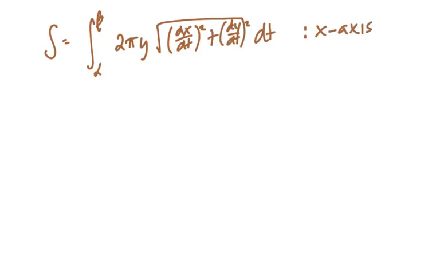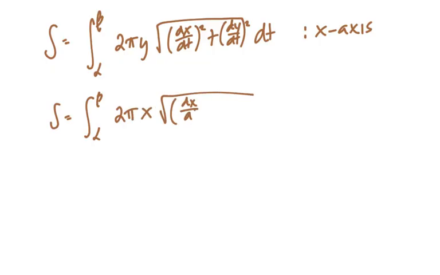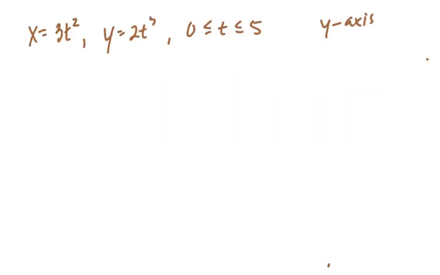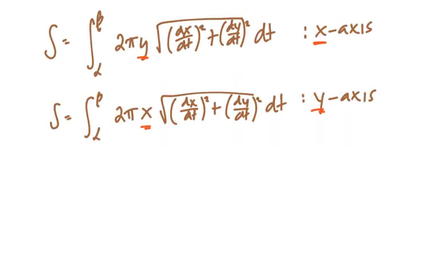The difference to go around the y-axis is S equals the integration from alpha to beta of 2 pi x times the square root of dx over dt, quantity squared, plus dy over dt, quantity squared, dt. So whichever axis we're going around, the other letter is the one in the formula. The x-axis has the y in the formula, and the y-axis has the x in the formula. We're going around the y-axis here, so we're going to use the bottom formula.